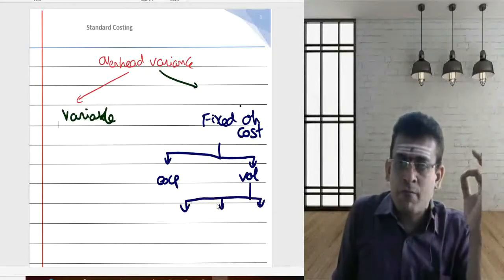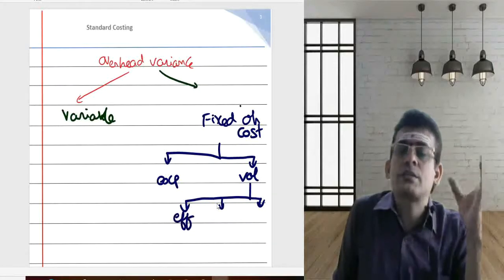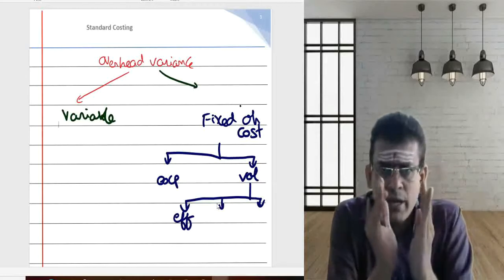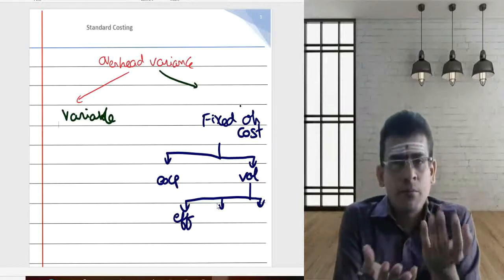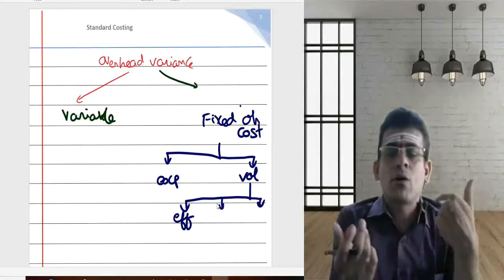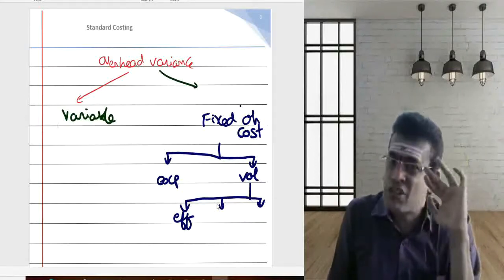The first segment is fixed overhead efficiency. I need to calculate the efficiency: in how much time I should do the task, in how much time I am doing. If I am doing the task within less than the set time, I will call that efficient. So that is efficiency.